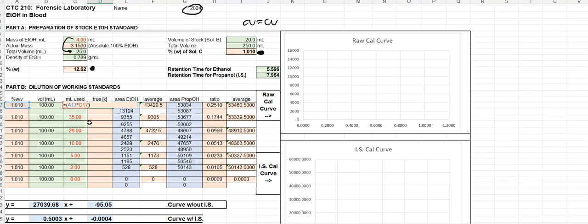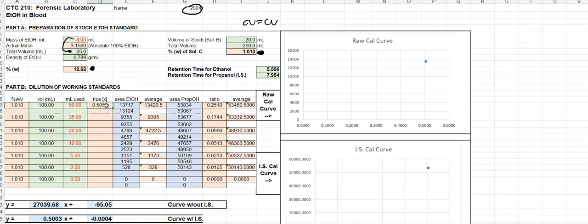We multiplied those together, kept them together on the same step, and then we divided by the final volume, which was 100. Again, it is a dilution. So I hit enter, and there is the true concentration of that standard, number 6, that we analyzed on the GC Headspace system.